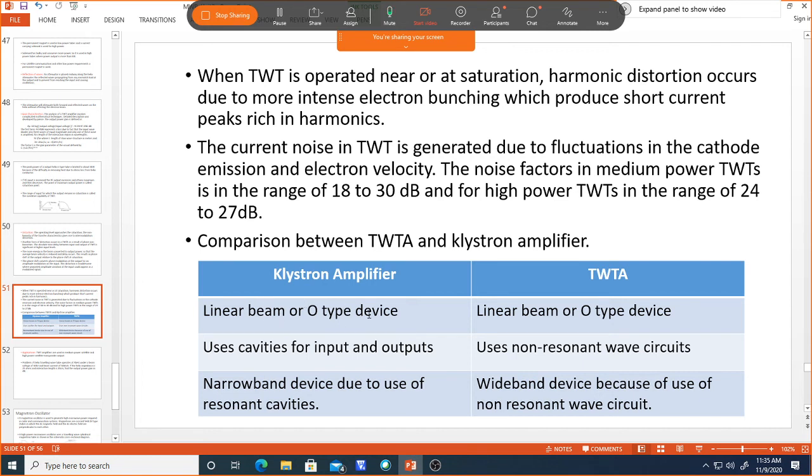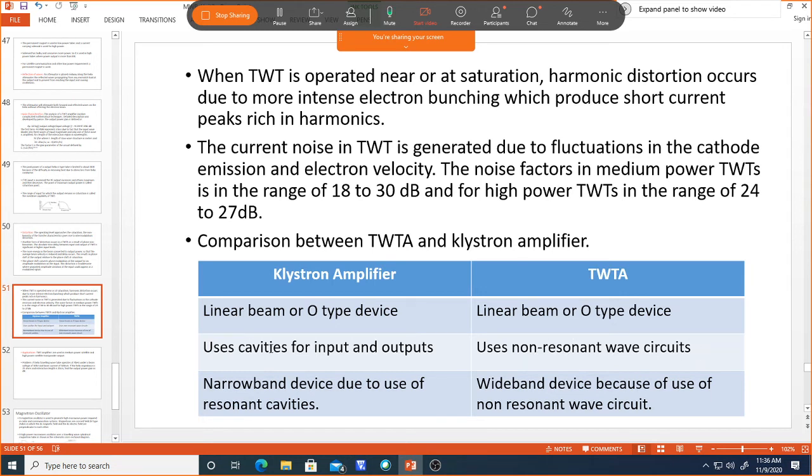Now if you compare the TWT amplifier with the klystron amplifier, both are linear beam or O type devices. The klystron amplifier uses resonant cavities for input and output, and the TWTA uses non-resonant wave circuits, like a helix kind of circuit.